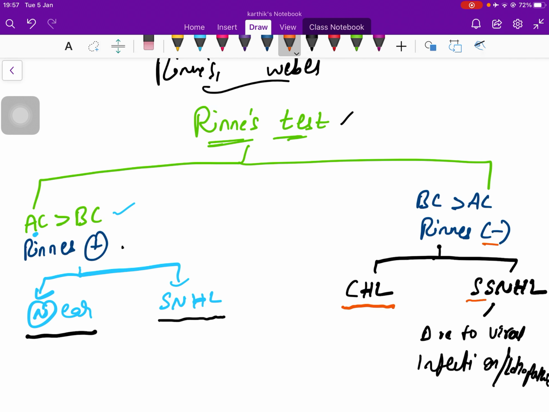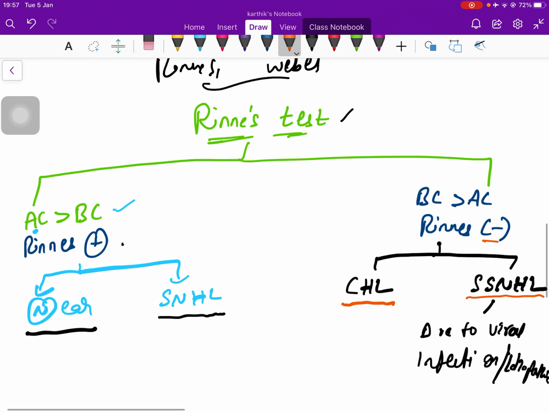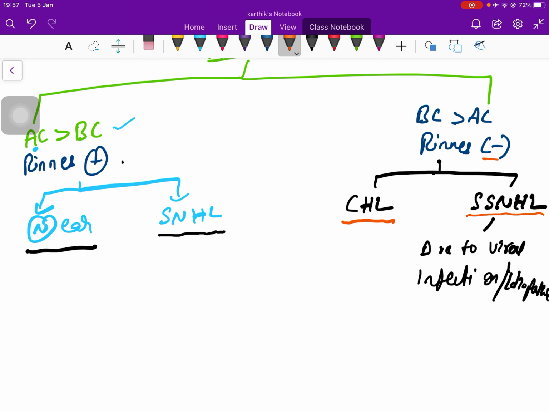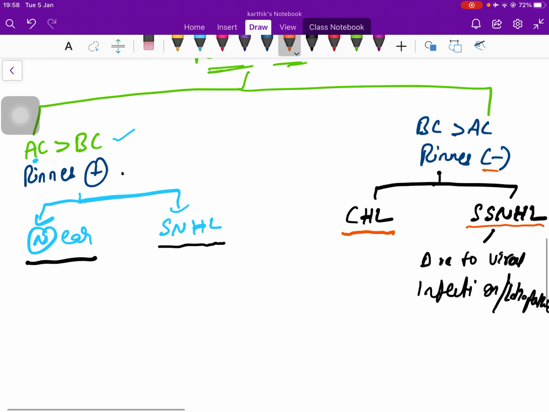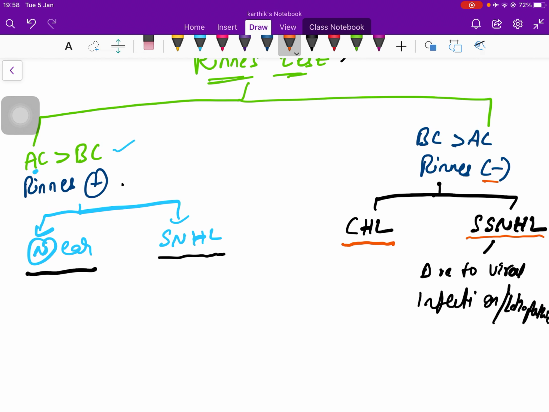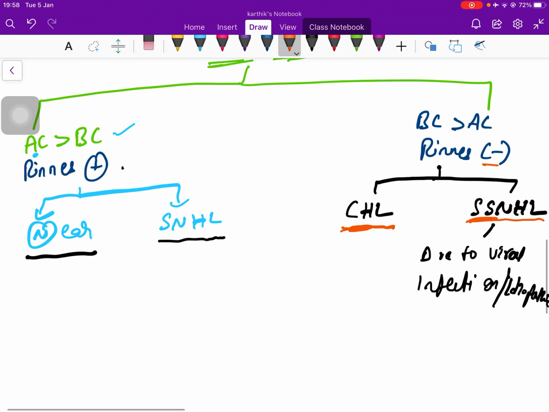It can be because of conductive hearing loss or severe sensorineural hearing loss. Now, to differentiate between conductive hearing loss and sensorineural hearing loss, we do Weber's test.